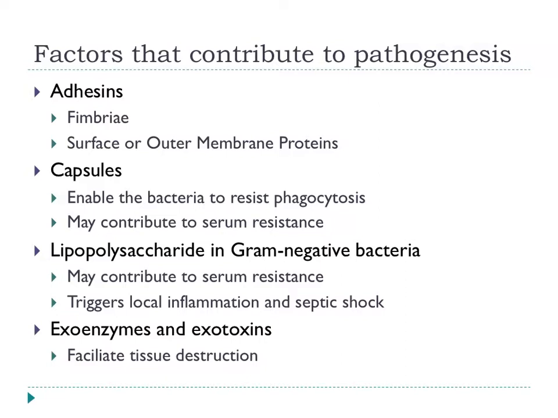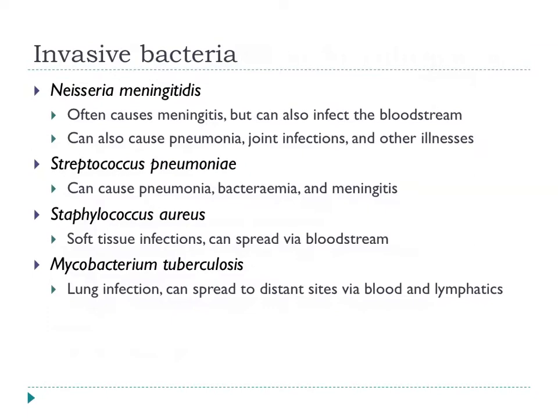So the complement pathway, antibodies may come along and opsonize them and so forth. But when they have a capsule, that goes a long way to overcoming that. Lipopolysaccharide we've spoken about before in gram-negatives, that can contribute to serum resistance and also trigger septic shock and inflammation, and then various enzymes and exotoxins.